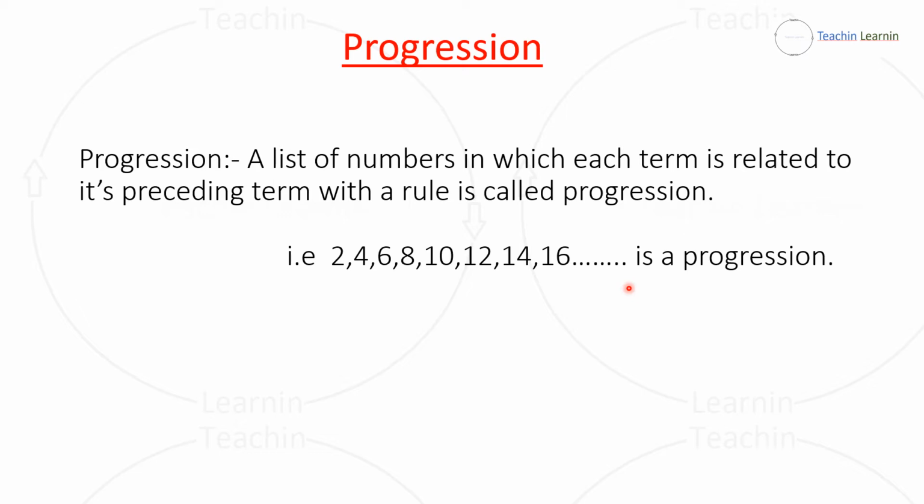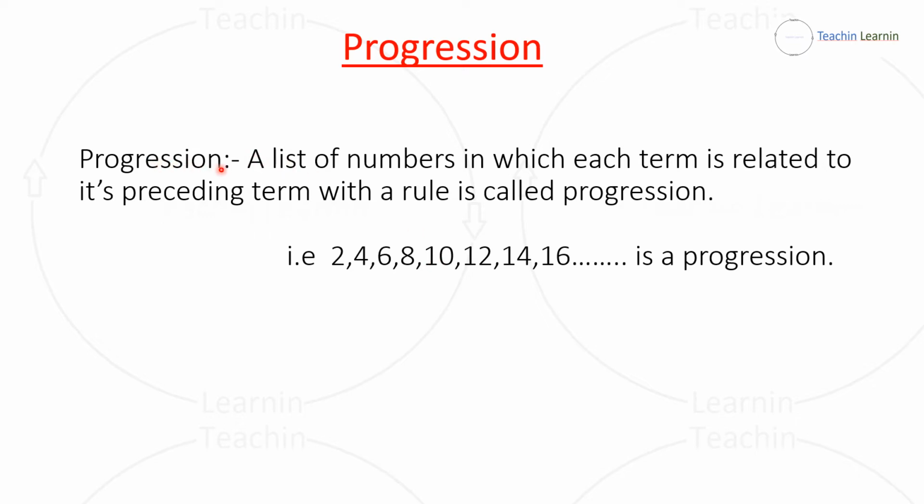You find that two numbers are related. Any two consecutive numbers of a list are related by a rule. So when a list is following some rule in which each two consecutive numbers are related with a rule, then this list of numbers is called a progression.